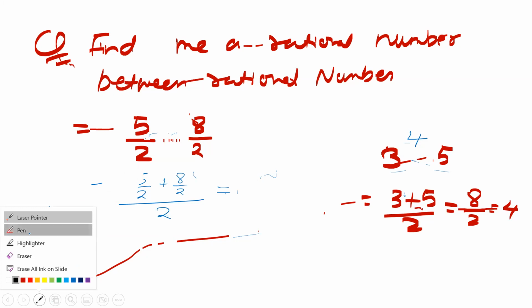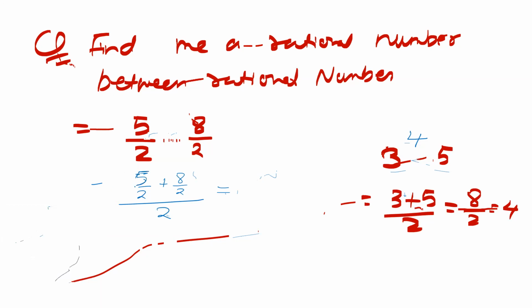Let's say I have a rational number 5 upon 2, and the other one is 8 upon 2. I need to find a rational number between these two. So I will simply add them first and then divide them. Let's see how we add the rational numbers.